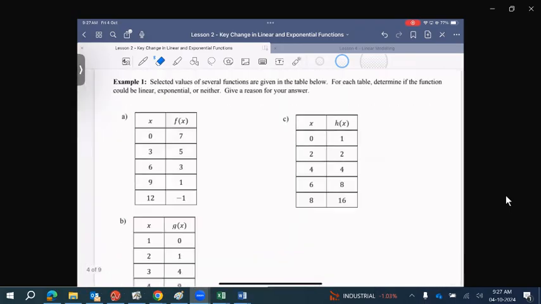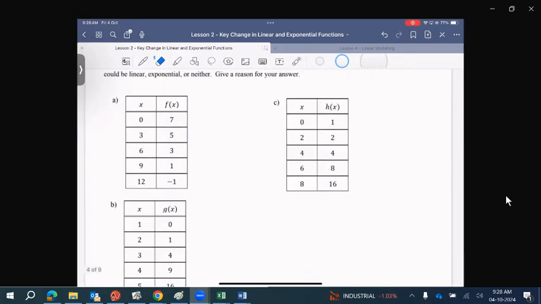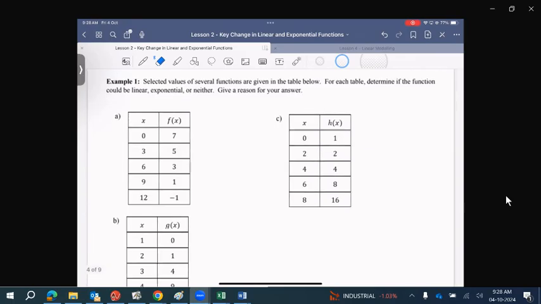Okay, our first question. We've got some selected values in each of these tables. We're going to try and justify whether this is a linear or an exponential function. So this first one, is this one going to be linear or not? Let's have a look.